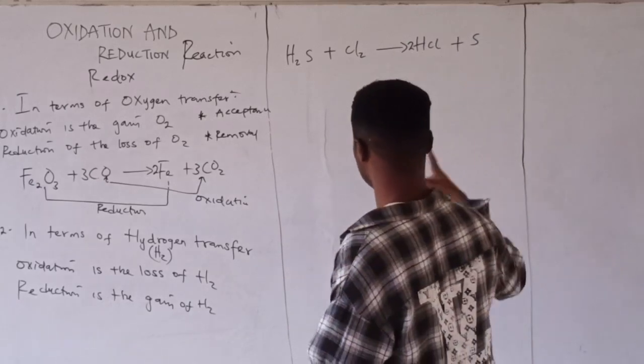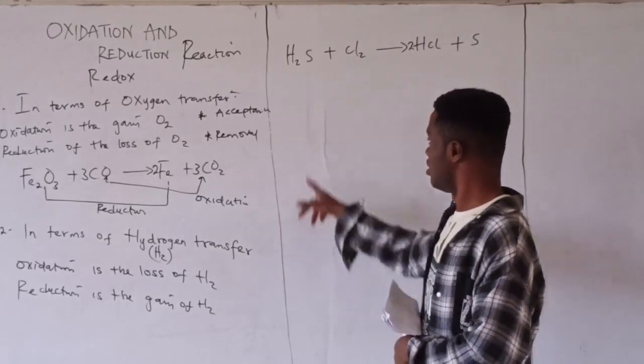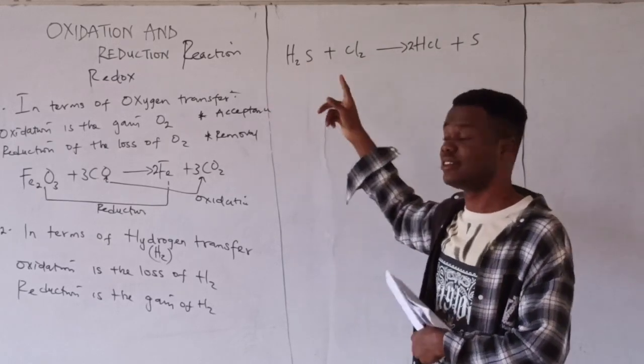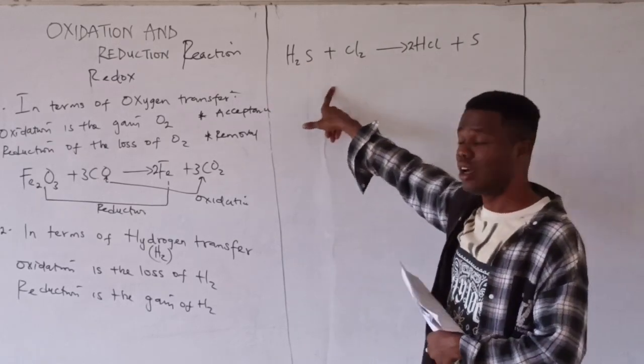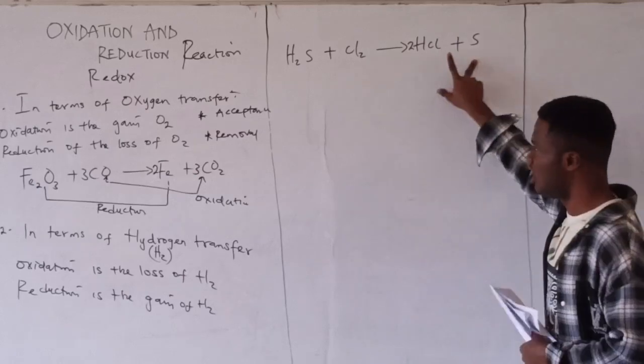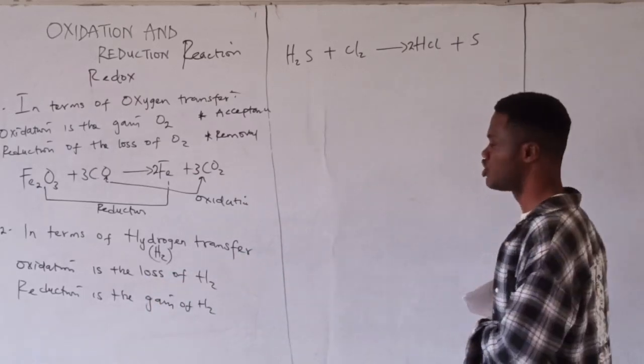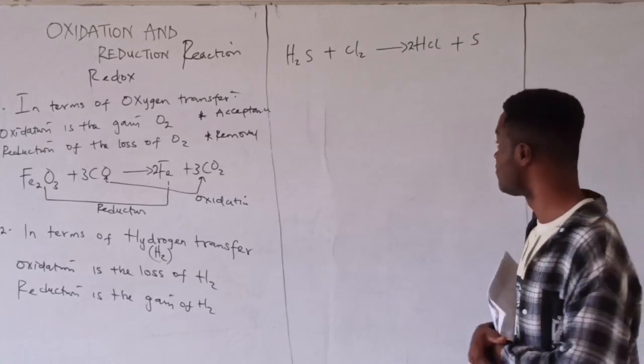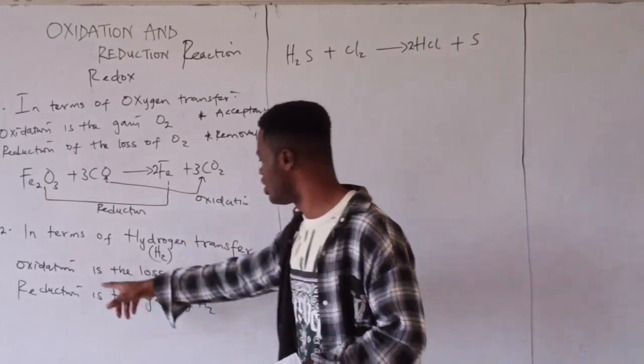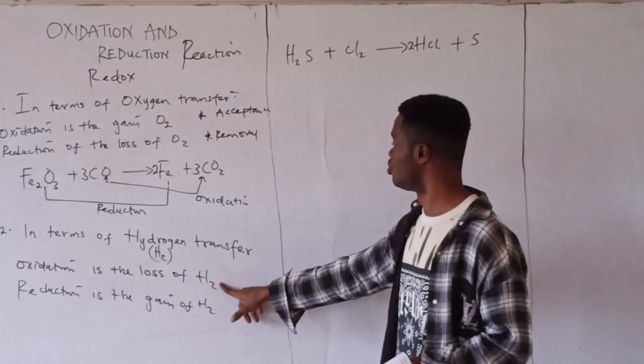Alright, so let's look at this equation on the board. This is hydrogen sulfide. This is chlorine. When the two of them react, let's look at the products and compare them to the definition of oxidation and reduction. We know that oxidation is the loss of hydrogen, right?